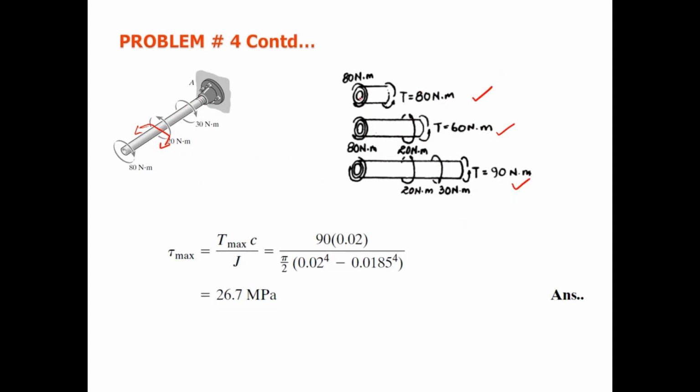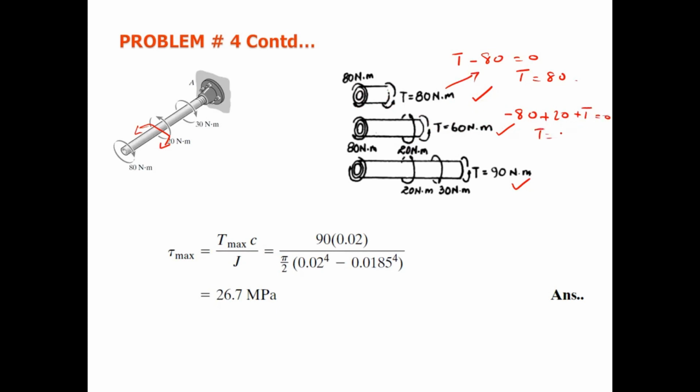Suppose if this is clockwise, we assume it is anti-clockwise. So anti-clockwise T minus 80 is equals to 0. So T is equals to 80 for this section. For section 2, if 80 is clockwise, minus 80, and this is anti-clockwise, plus 20, and we assume this one as anti-clockwise, so it is plus T is equals to 0.